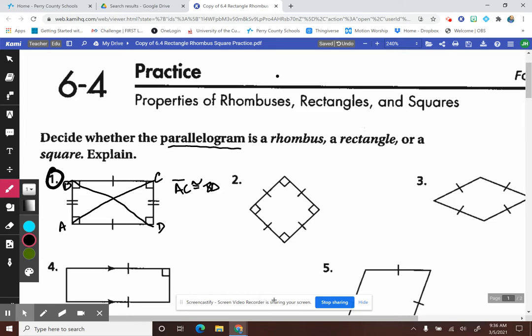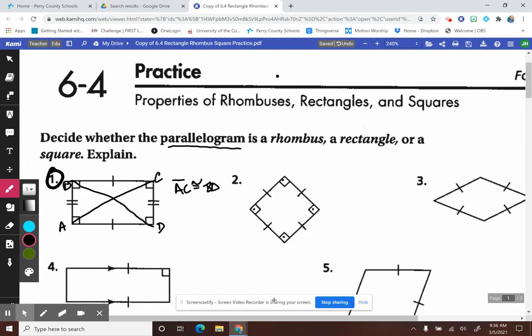When we're talking about a square, it's similar, except that instead of having two sets of congruent sides, you have all sides equal. But the difference between a square and a rhombus, which is this figure over here on number 3, is that you have these 90-degree angles right here, just like you have with a rectangle.